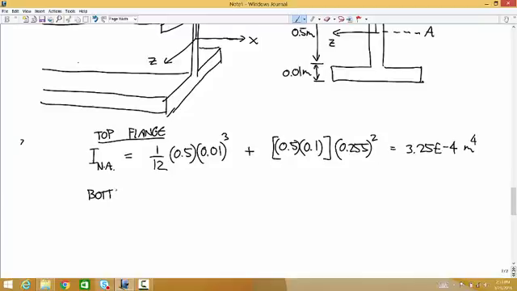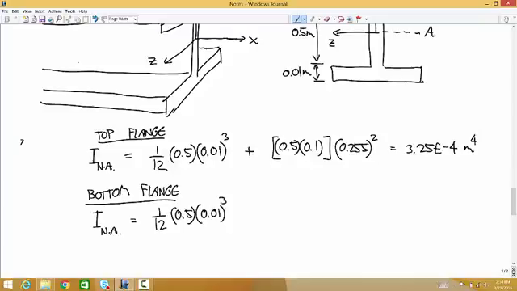For the bottom flange, we have the moment of inertia about the bottom flange's neutral axis. That's this. Then the parallel axis theorem.